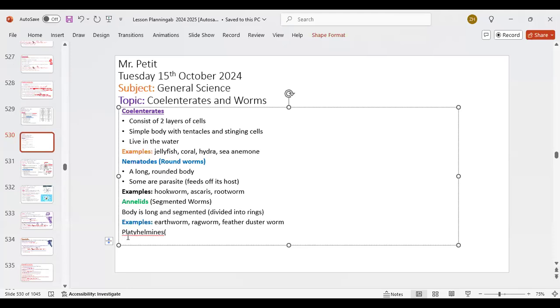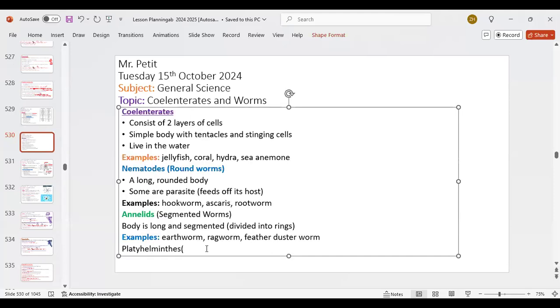I forget the TH, sorry. Good. Can anyone pronounce this one? Platyhelminthes. Anyone else want to try? Platyhelminthes. Writing a little bigger, please.